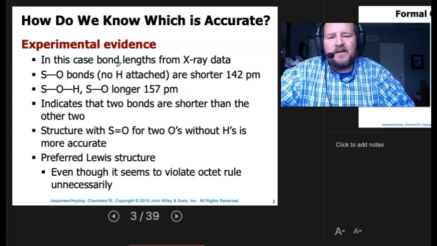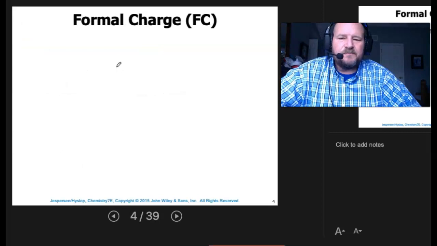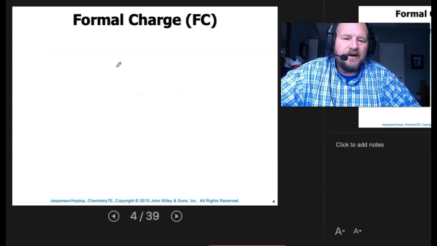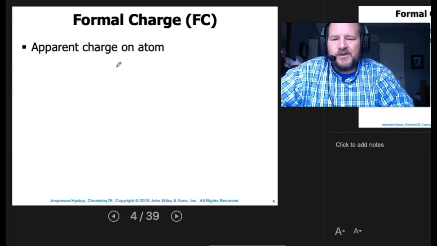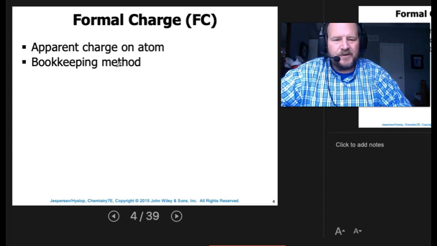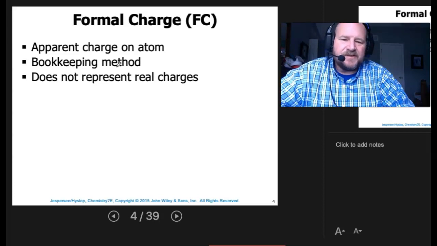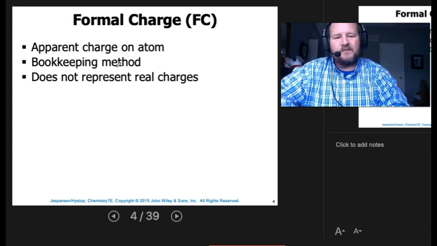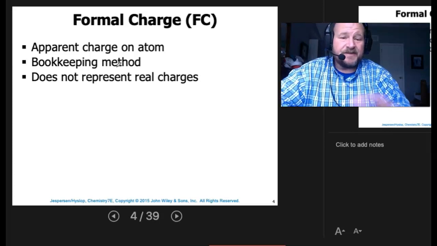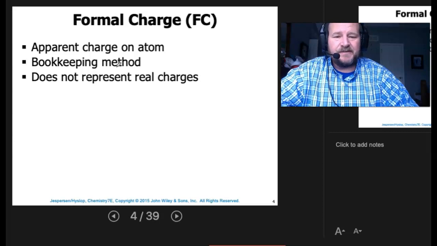Okay. Another way we can see that it's going to work out is what we call formal charge. Now, for the formal charge, what we're going to do is look at what the apparent charge is on a single atom. You can think of it more like a bookkeeping method. Okay, so this is not going to represent real charges, but it gives us an idea of whether or not the atom is participating with its electrons the way we would expect it to.